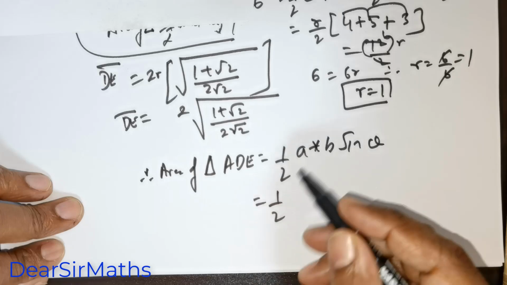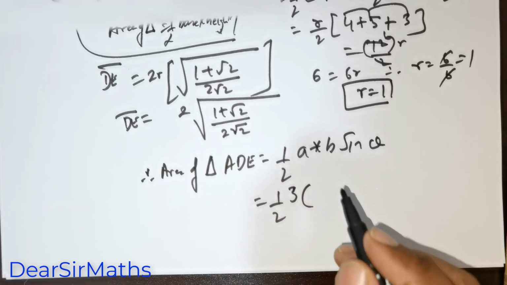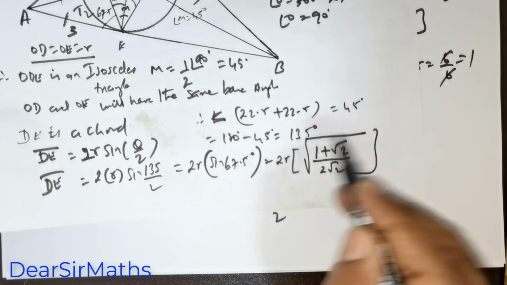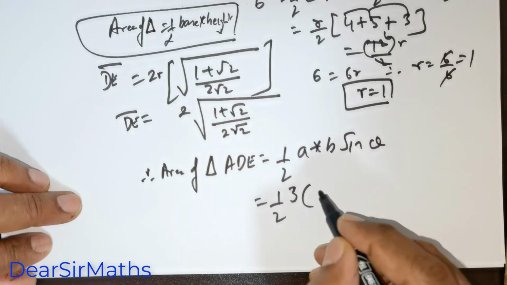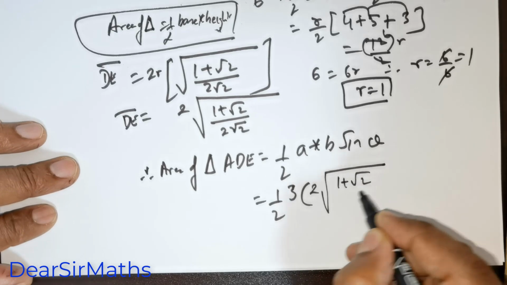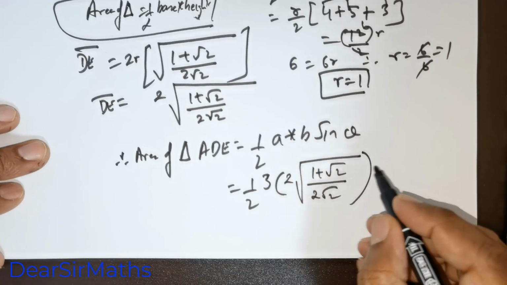A is the side which is occurring twice, so you place that. B is the side which is occurring as the base. So what is the value when R is equal to 2? It's going to be 2 times the square root of 1 plus root 2 divided by 2 times root 2, times sine theta.